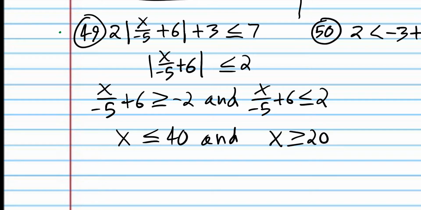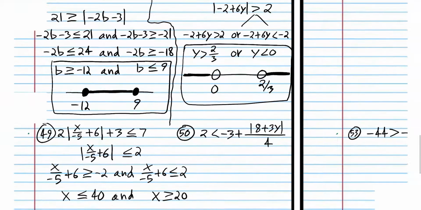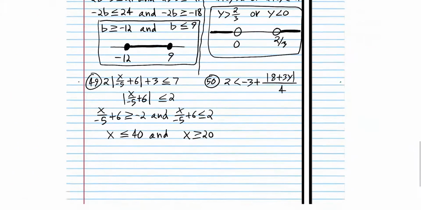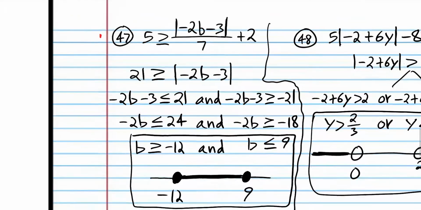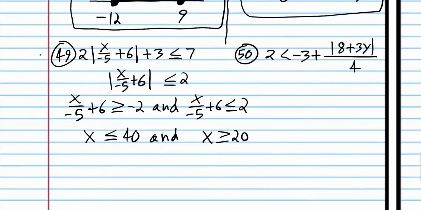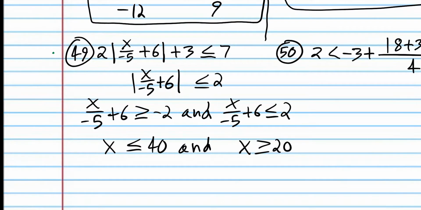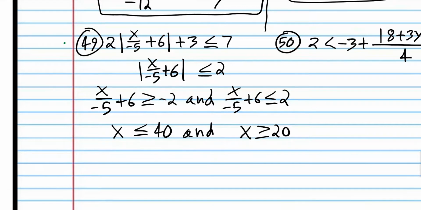But again, we have to flip that inequality because we multiply by a negative. Up here, we didn't divide by a negative, so we didn't have to flip those. But in this first problem, we did have to flip. All right, so just double checking that. And so now we're going to do the graphical solution.